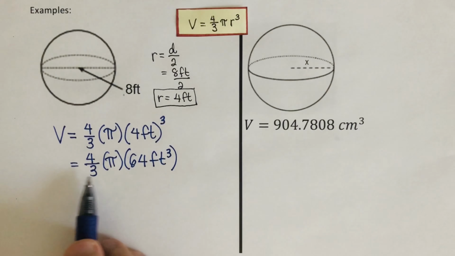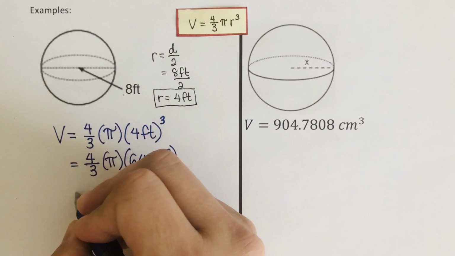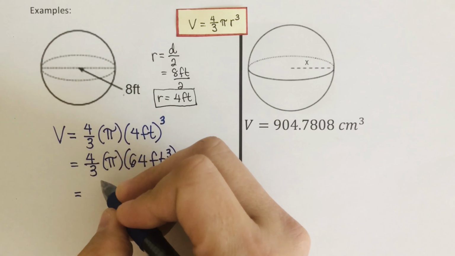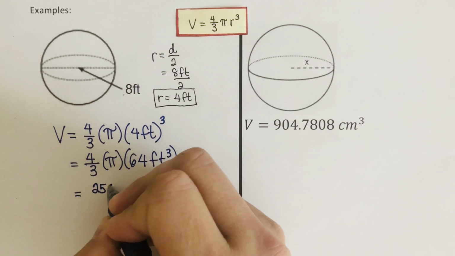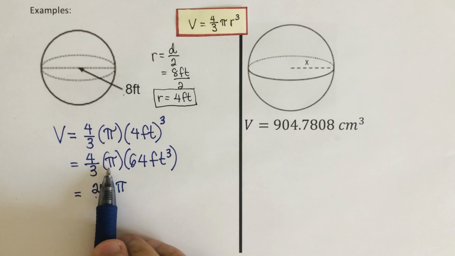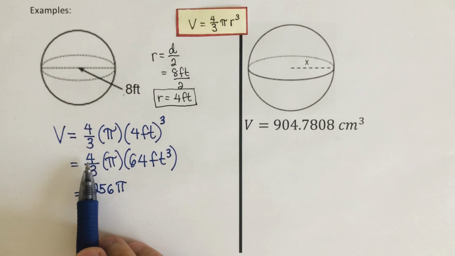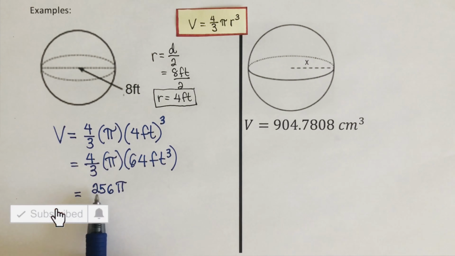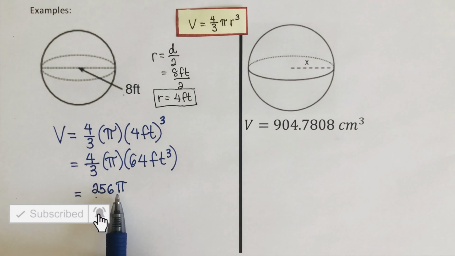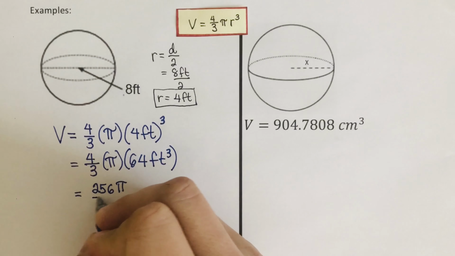We are going to multiply the constants here, 4 and 64. That comes out to 256 pi, because pi has an invisible denominator of 1. So we're multiplying 4 pi and 64 and we get 256 pi. 3 times 1 times 1 is just 3.